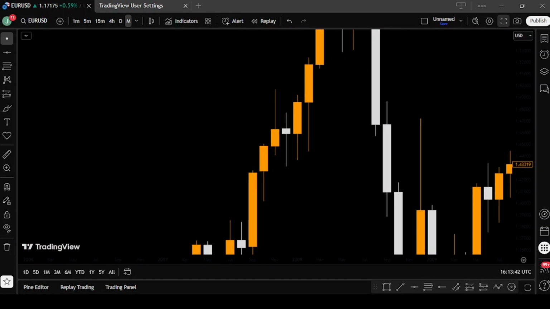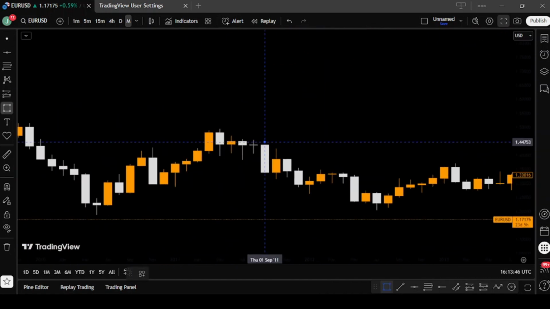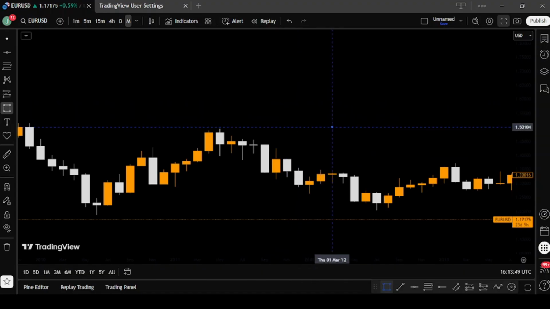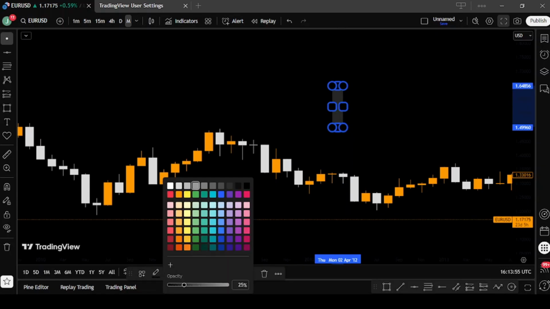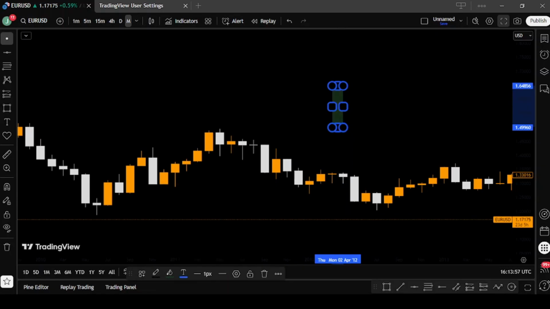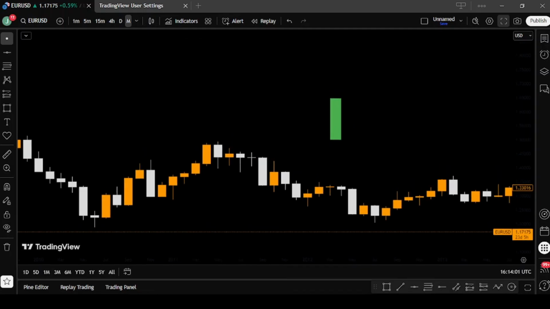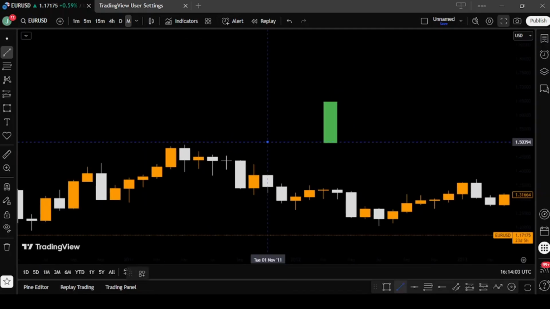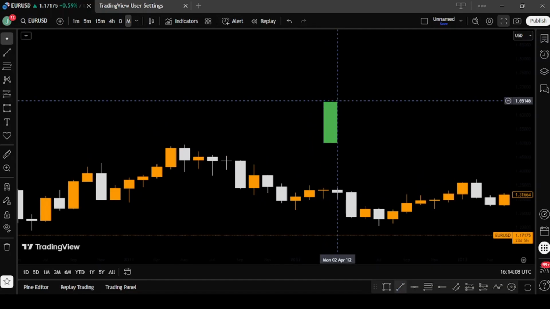All right, so let's go deeper. We say a candlestick is made up of what? The body. Let me just draw it here, as simple as this. Let me change the color of this candle to green. Let's say this is a bullish candle. This is the wick.